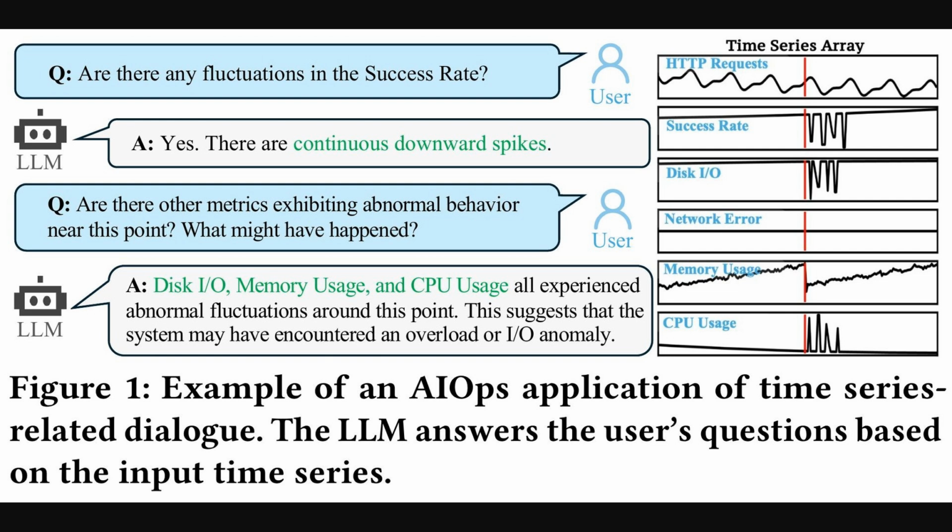For instance, the user asks about fluctuations in the success rate, and the LLM correctly identifies downward spikes. Then it even correlates issues across different metrics, like disk I/O and CPU usage, around the same time point to suggest a possible system overload. It shows how the model can understand and reason about these complex patterns.